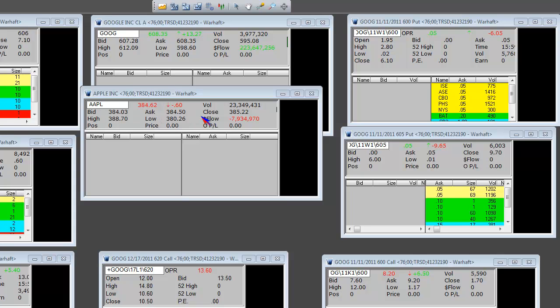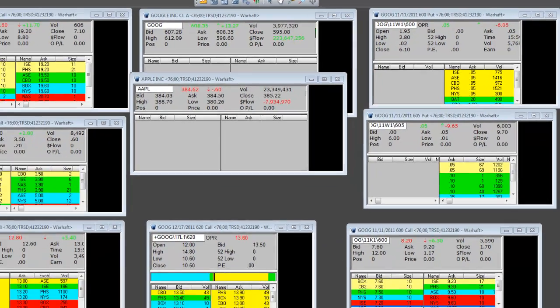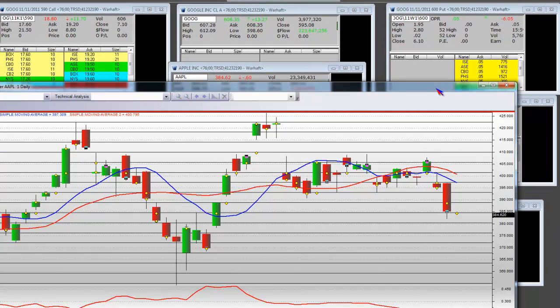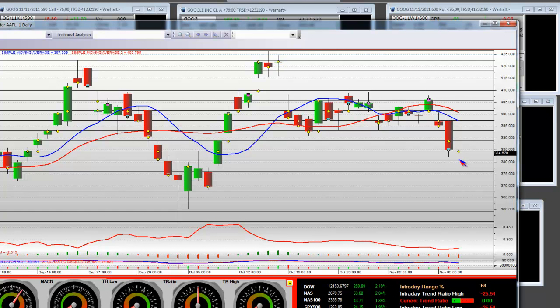Here's Friday's closing stats. 380 was the low, and it definitely bounced off of that. We already have the evidence in our platform that we've got a major support area right down here above that 380 handle. We're going to be looking for the opportunities.